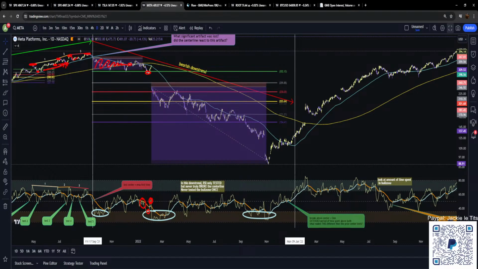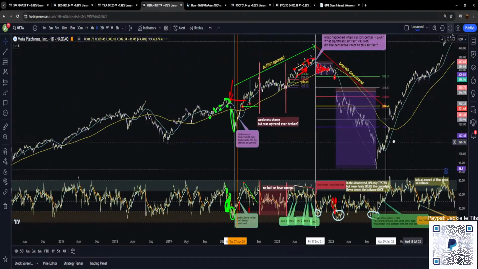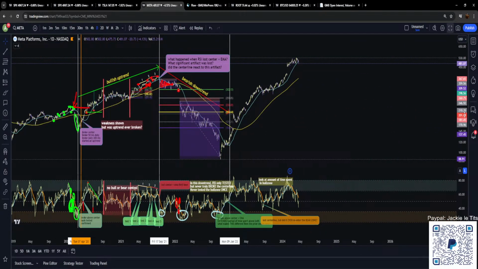Look at that. From the moment that you shorted way back here, Meta never once even sniffed the bull control zone. Look at how long this took: September of 2021 to January of 2023 before you even got into the bull zone again. And now look at Meta now.